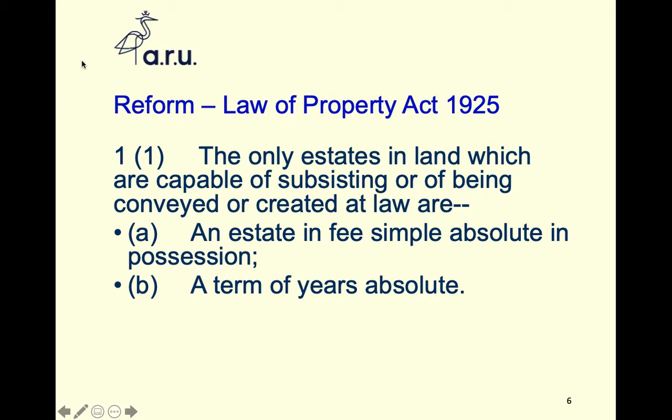So those two estates, the only estates in land that are now legally recognized as being capable of being legal, are the fee simple absolute in possession and a term of years absolute. Those are the only types of estates in land that we could have as legally recognizable estates.